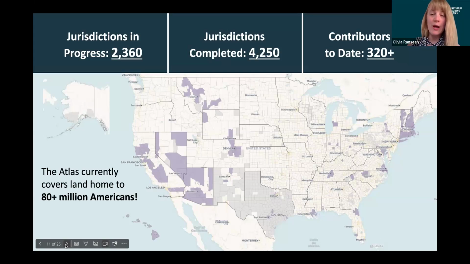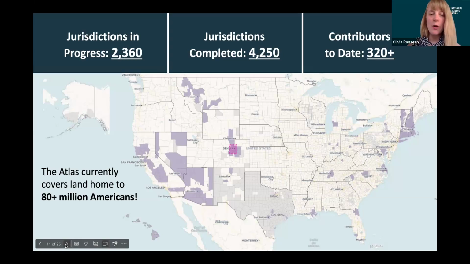In all, we've published jurisdictions that cover about 80 million Americans, and that's about 25% of the nation's population. And highlighted here in pink is the Denver Metropolitan Statistical Area. So this includes the city and county of Denver, and then its outlying suburbs.